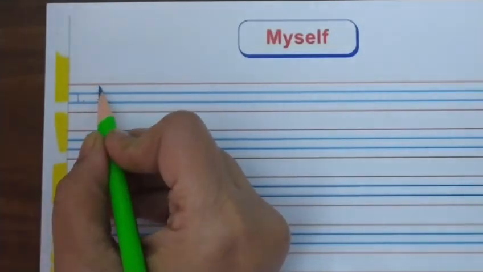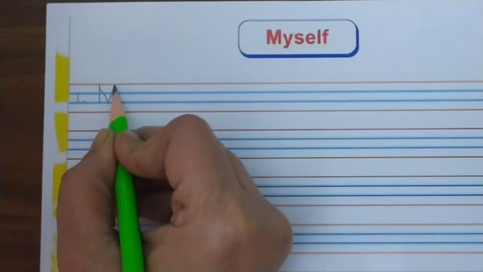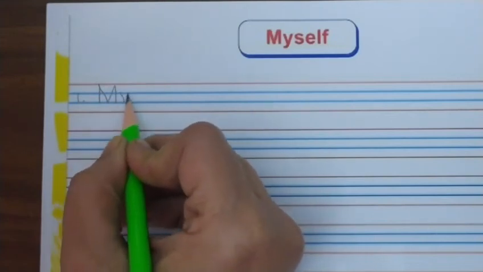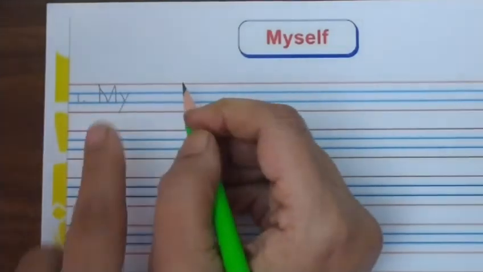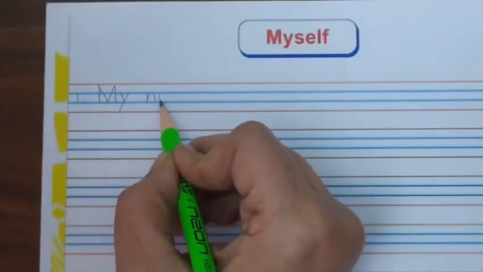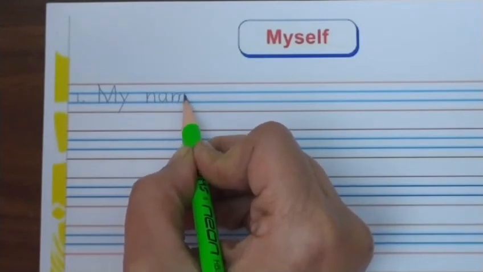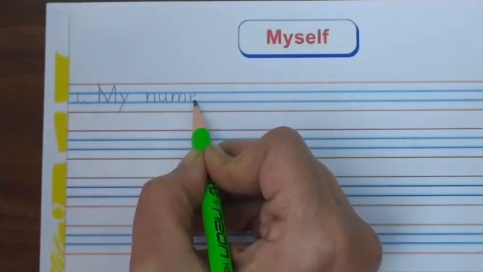Now my. My. Leave one finger space. Name.